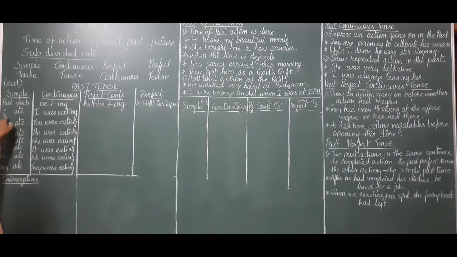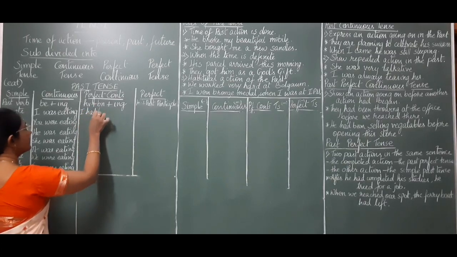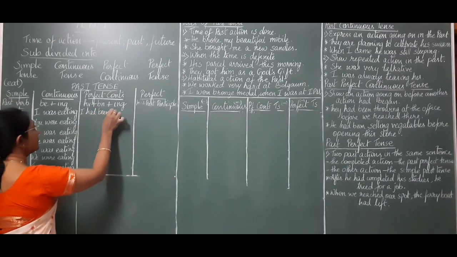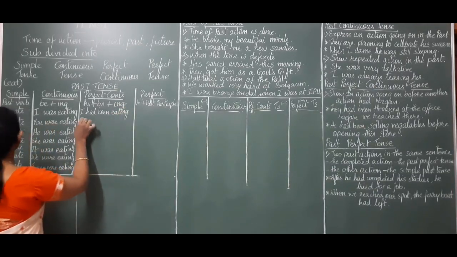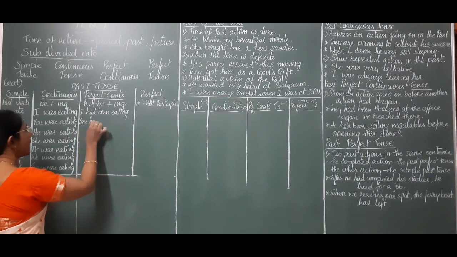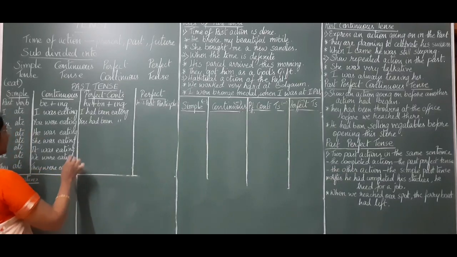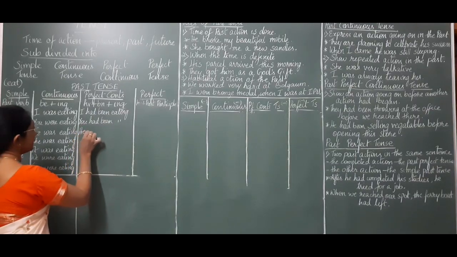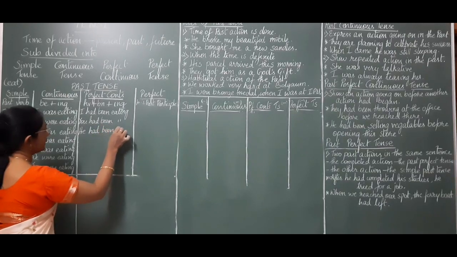For the subject I, it is I had been eating. For the subject you, had been eating. Third person, he had been eating.